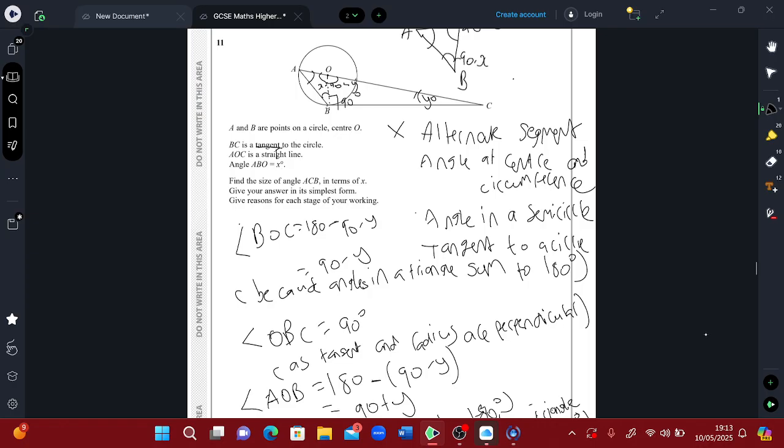So therefore we know this is 180 minus 90, which is 90 minus y. We also know this whole angle here is x, so this bit here is going to be x minus 90. So therefore this angle is going to be 180 minus 90 minus y.